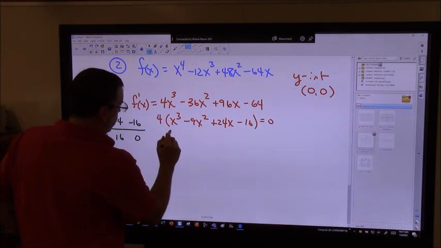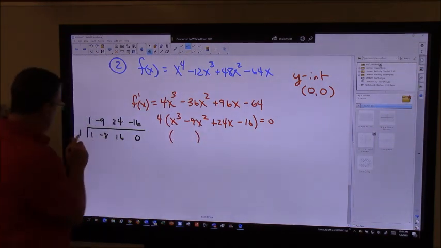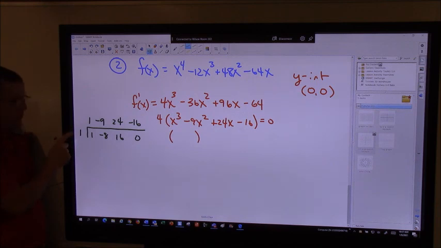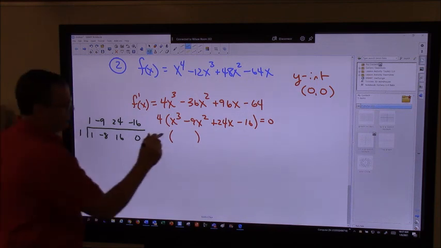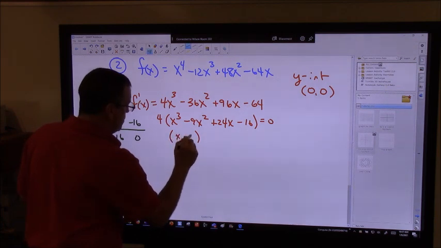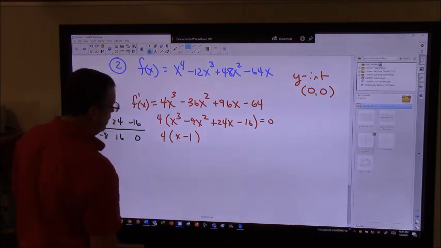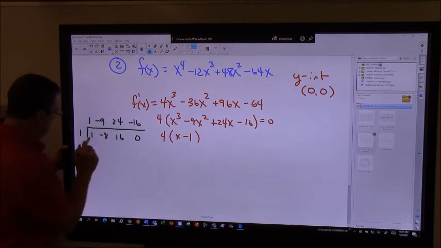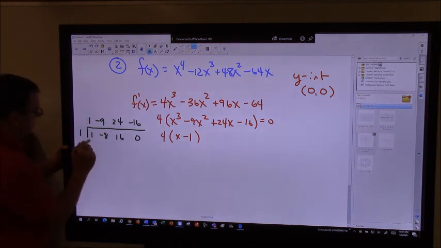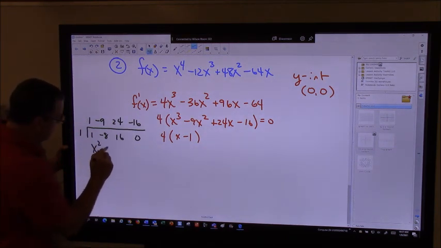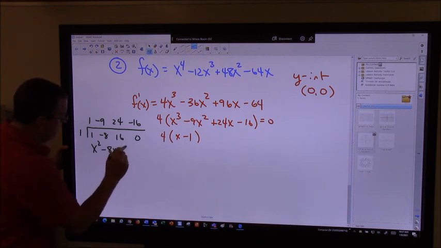So there's one of my factors, x minus 1. Remember, this is a 0 right here. That's my critical number. So as a factor, I'm going to write x minus 1 for that. Still have this 4 out here. And then since this was x cubed, this is now x squared minus 8x plus 16.